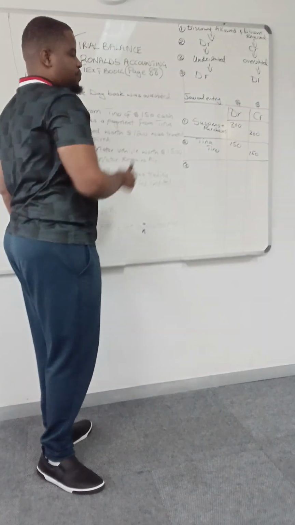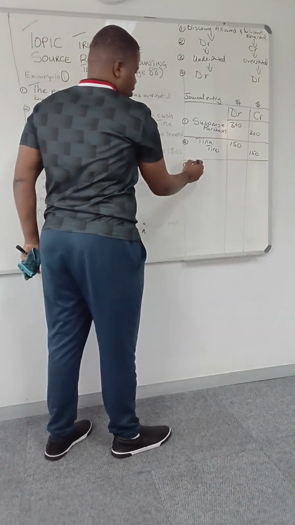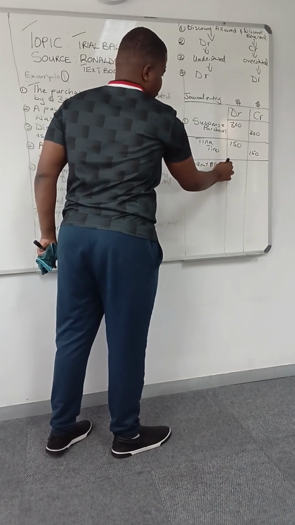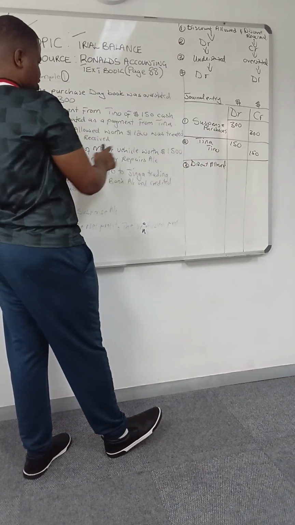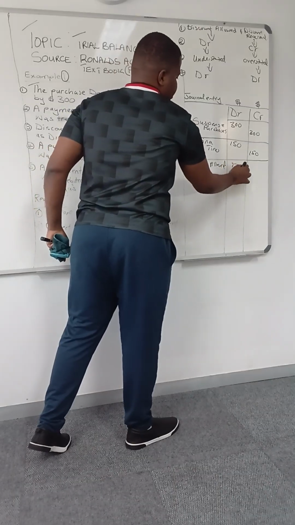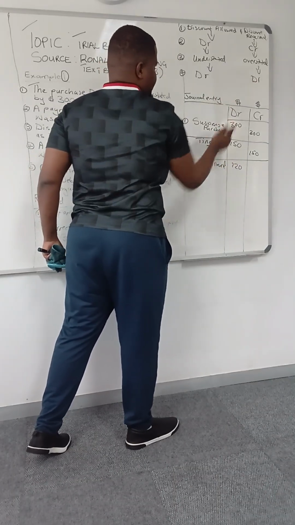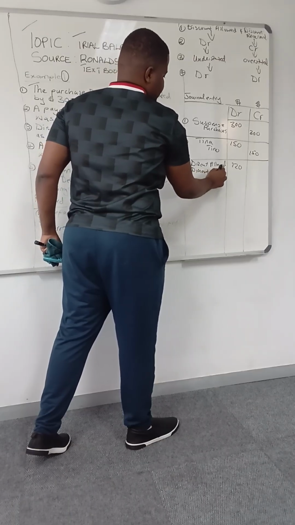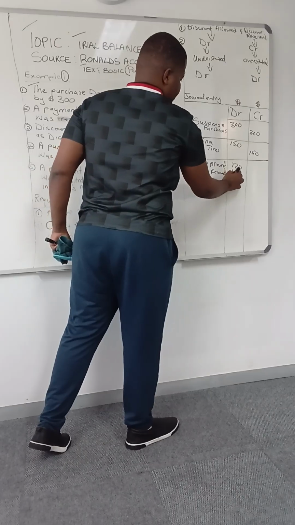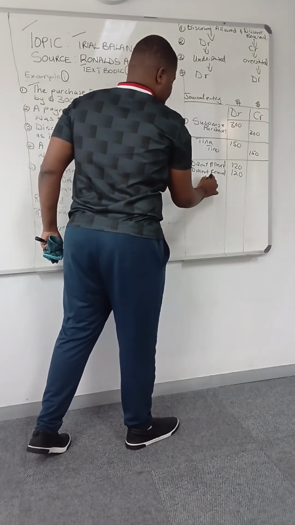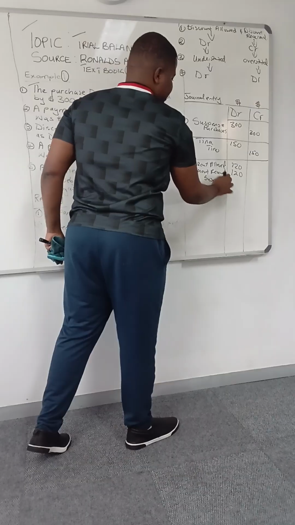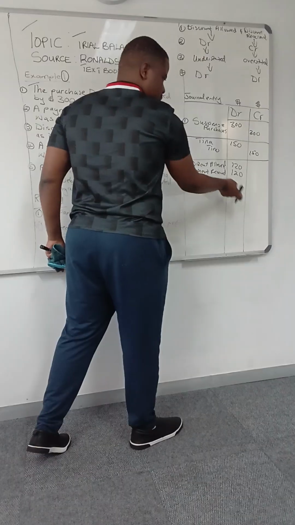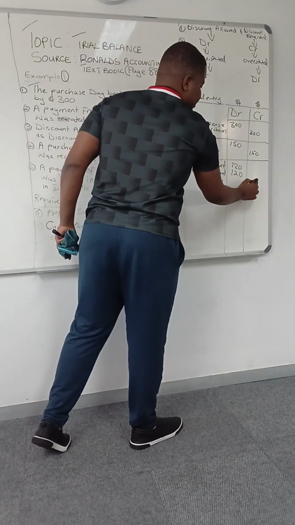On debit, we put discount allowed 120. Also on debit, discount received, same amount, 120. So on the credit side, suspense, 120 plus 120 is 240.